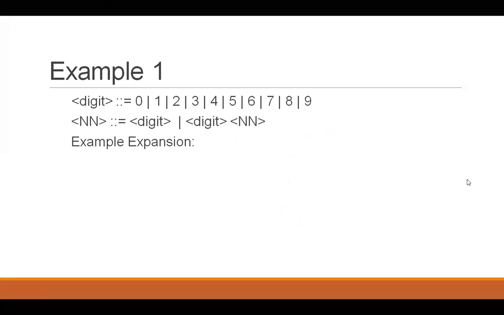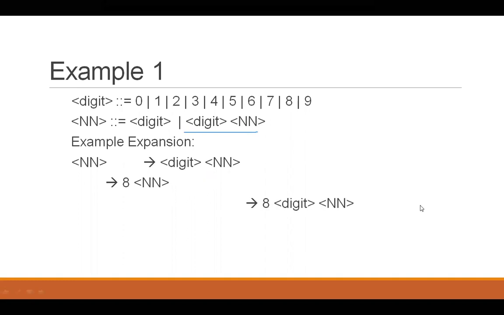Then I'm going to do this expansion again. This natural number is defined as digit and natural number. I'm again taking this part of the definition, again trying to show you how this recursive case is beneficial to me. So digit can be replaced by any digit and this natural number is still there.